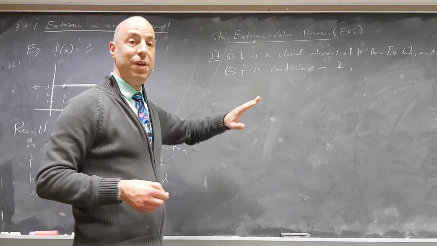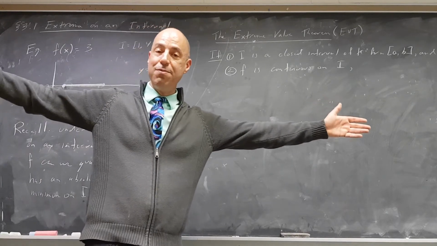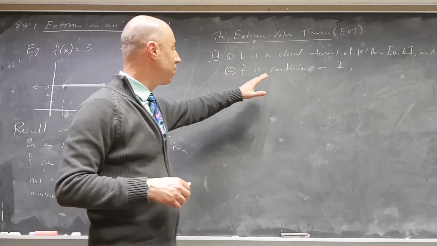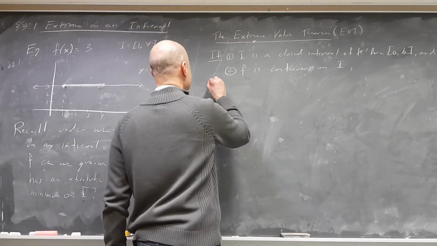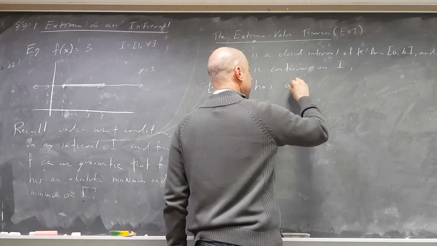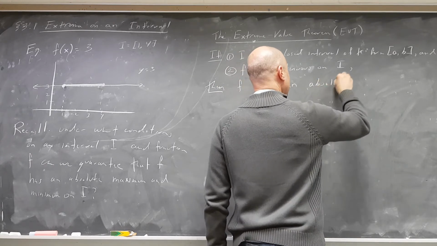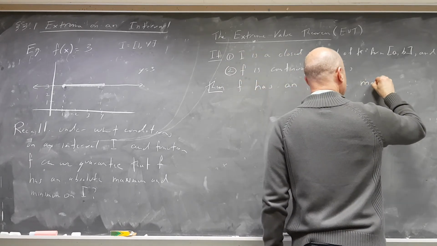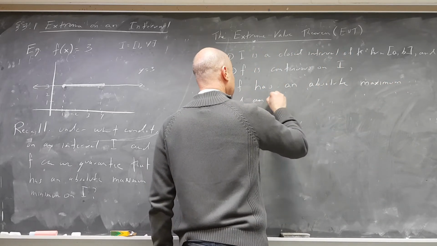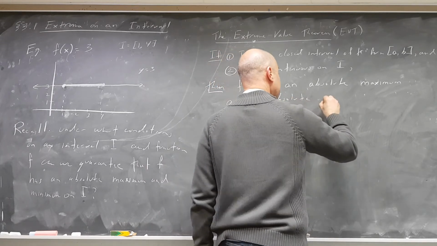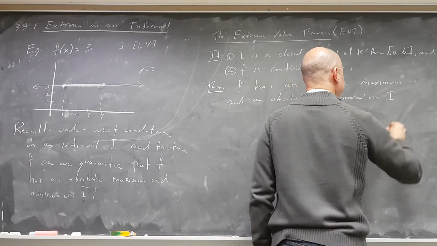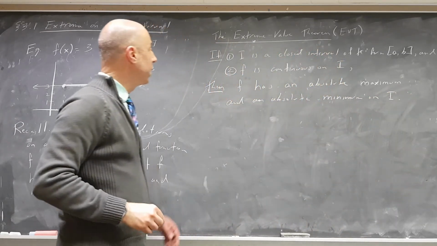So if I happens to be a closed interval, so we don't allow from negative infinity to infinity, and we don't allow the open interval from 1 to 3, if it's a closed interval and f is continuous on I, then f has an absolute maximum and an absolute minimum on I. The extreme value theorem.